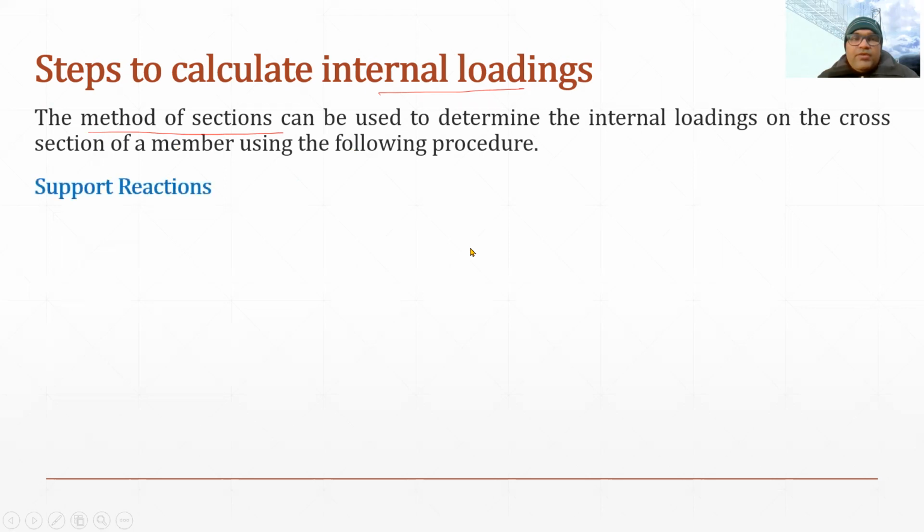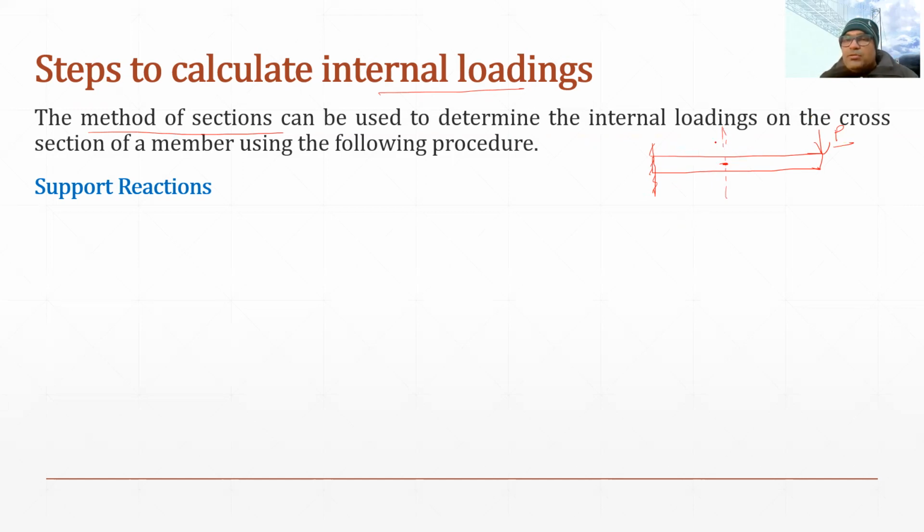So our first step is to find out the support reaction. Here, if I take an example, say for example this is a cantilever beam which is subjected to an external load, say P. Because of this external load, if I am required to find out internal loading at this point, first of all, I will have to draw the section at this point.